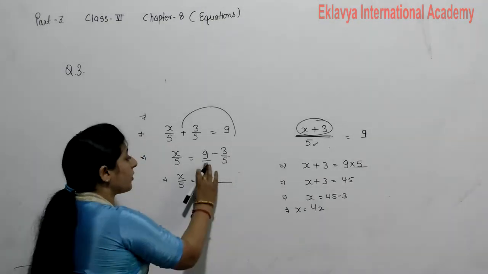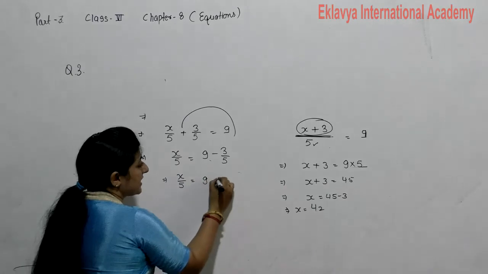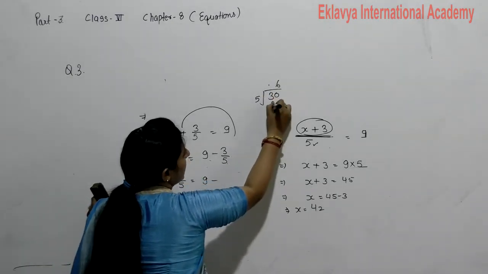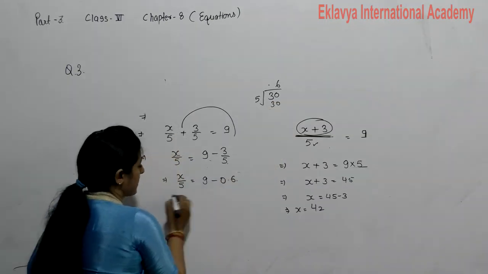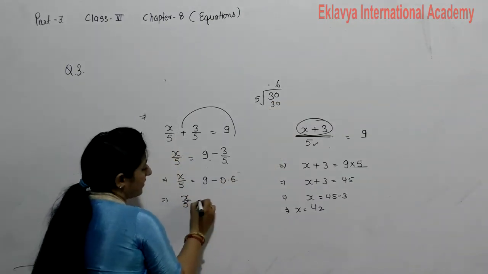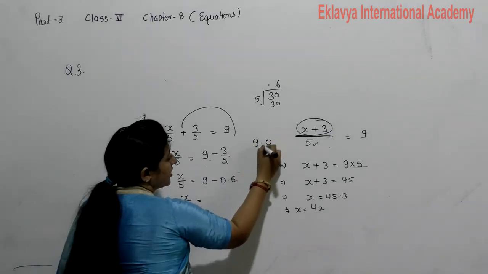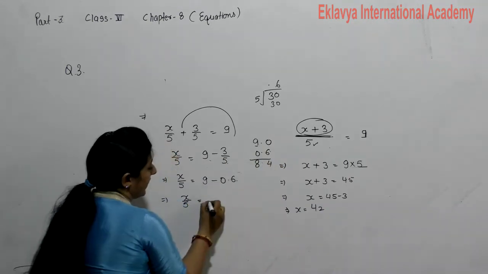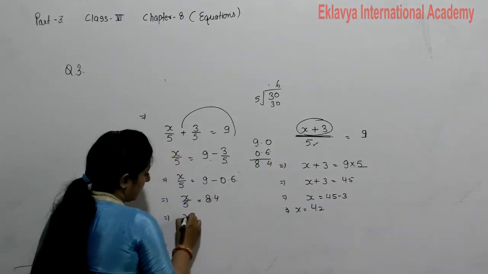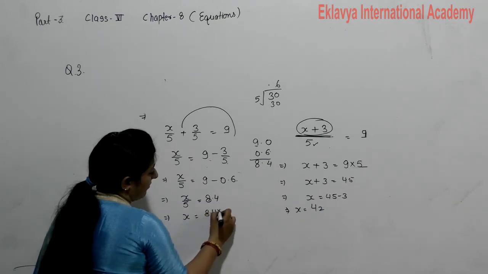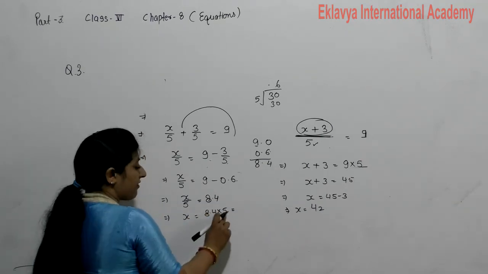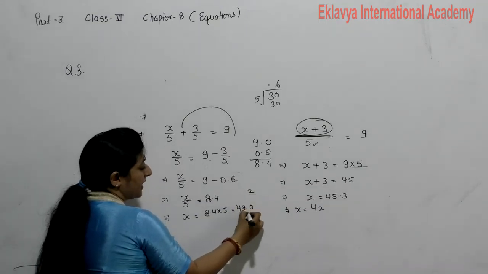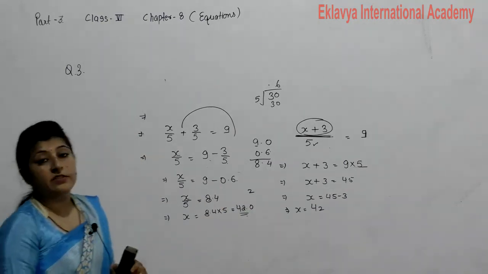Or if you don't know about LCM, then see, 5 6s are 30, it means 0.6. Then x by 5 is equal to 9.0 minus 0.6, 10 minus 6 is 4, then here remaining 8.4. Then x is equal to 8.4 multiplied by 5. 5 4s are 20, 5 8s are 40, then 42. This is how we will solve this problem.